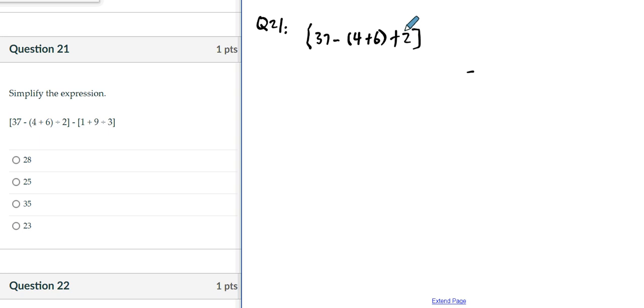Well, divided. I have to change that. So 2 divided by 2. Okay. And then square bracket.